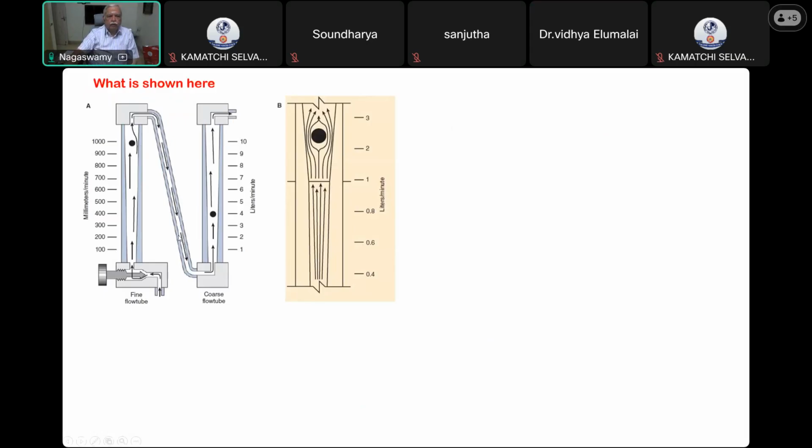Twin tube flow meter, for both low flow as well as high flow. Whereas here, it starts with 0.4, goes to 1 at the bottom, and immediately jumps to 2, 3 and goes up. So what is this called?